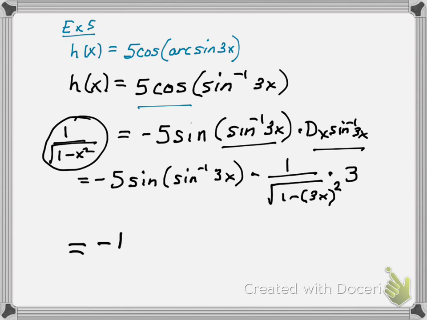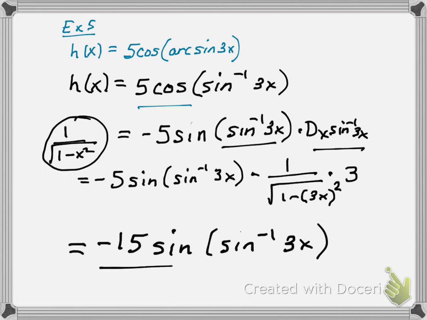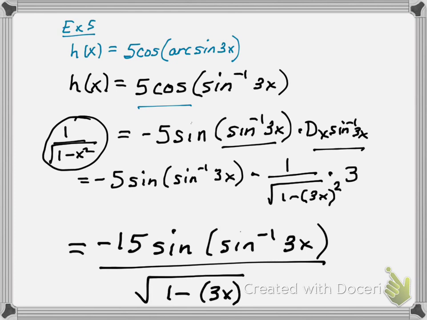So I would have a negative 15. And then I have sine of inverse sine of 3x all over the square root of 1 minus 3x squared.